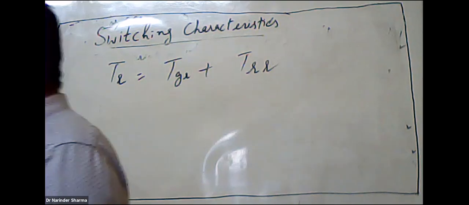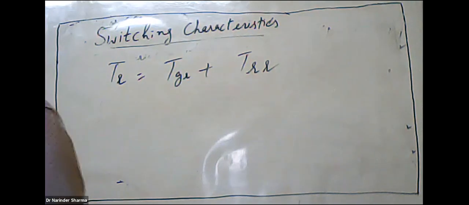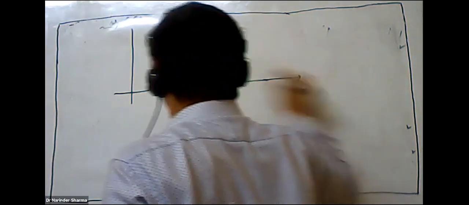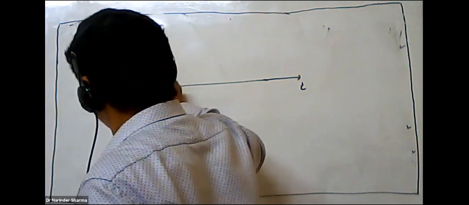Delay time is measured from the instant when the gate current reaches 90% of the gate current. You can see this in the plot of time versus gate current.